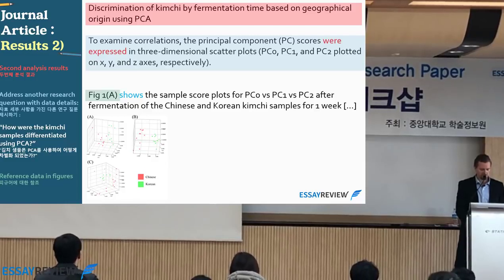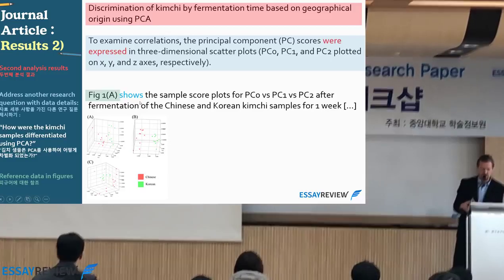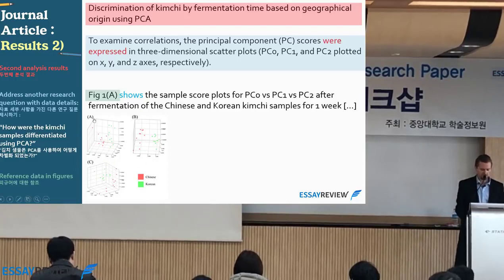And they also say figure 1 shows the sample. So they're having a sort of dialogue with the figures. They're saying, if you want to see the details of this, look at figure 1. Figure 1 shows XYZ. So there's a lot of discussion about what is being shown in these figures.